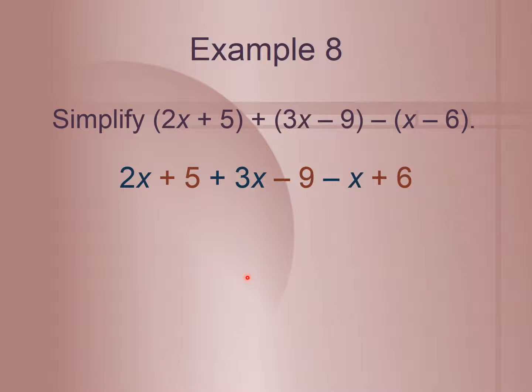Then I identify my like terms. I have 2x plus 3x is 5x, minus x is 4x. Then I have 5 minus 9 is negative 4, plus 6 becomes 2. So my final answer is 4x plus 2.